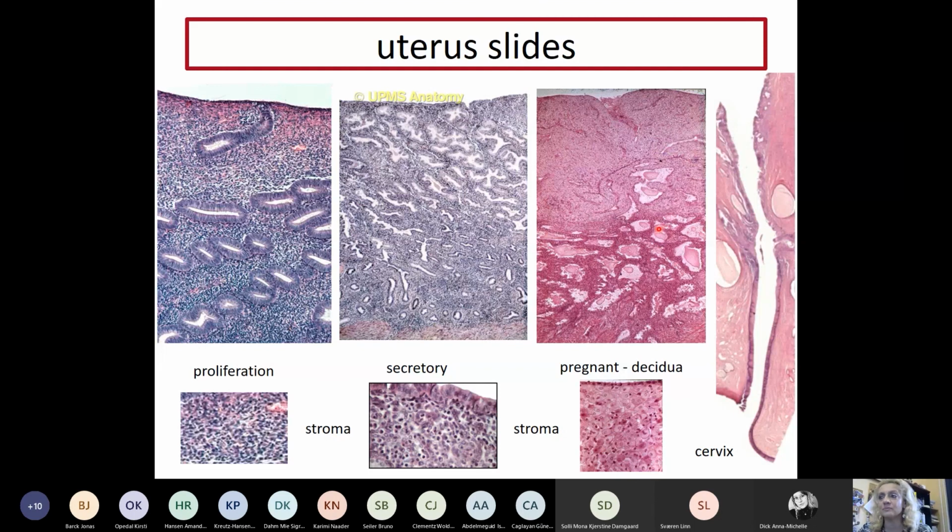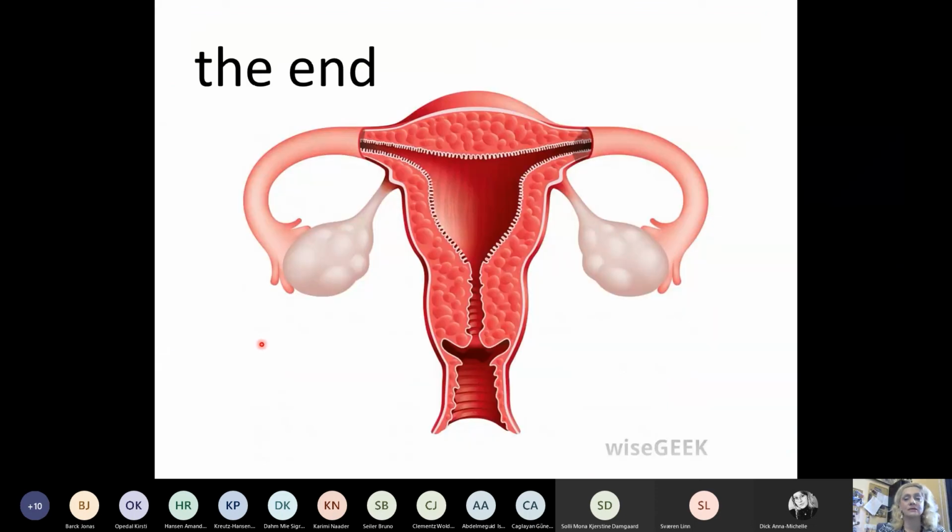You can see the difference between the spongy and the compact layer very well. Here you can only kind of see it. Here you can really clearly see the spongy and the compact layer, and if you enlarge in the compact layer, you can see the huge decidua cells. So if you remember these things, you won't have problem recognizing the slide.